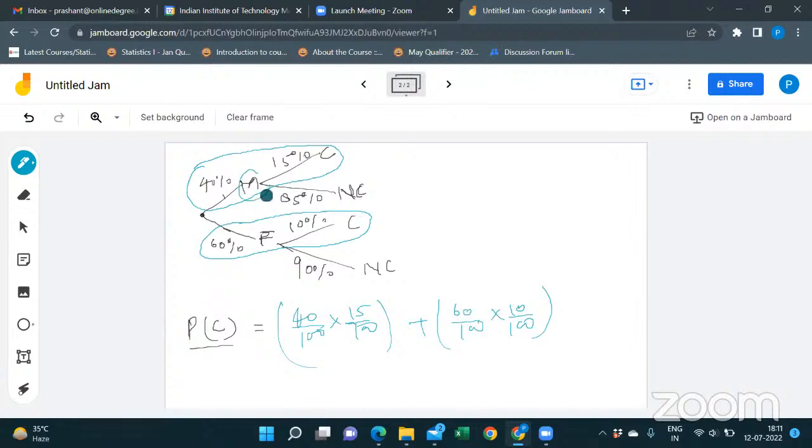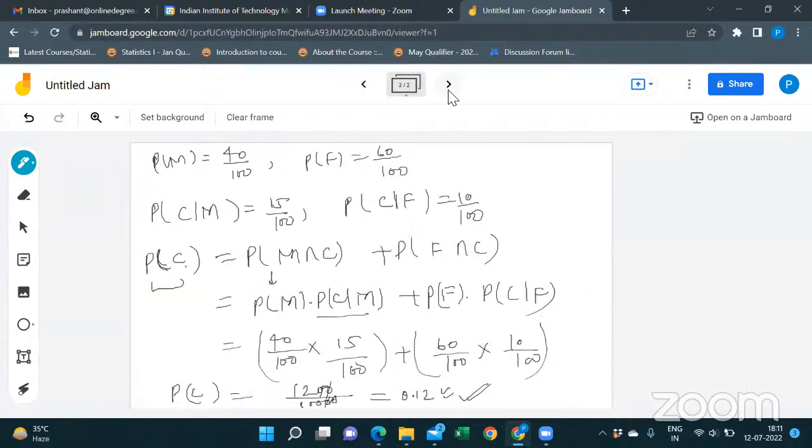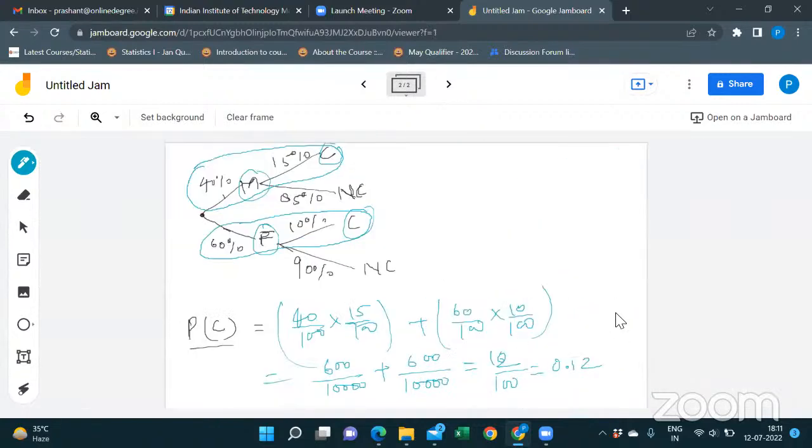That means male and suffering from cancer, or female and suffering from cancer. So again, you will get 600 divided by 10,000 plus 600 divided by 10,000. It will be 12 divided by 100, that means 0.1, which is the same as this. Is that clear for everyone?